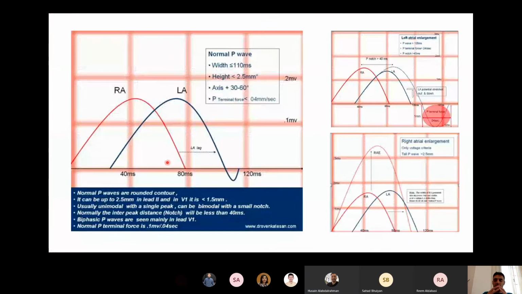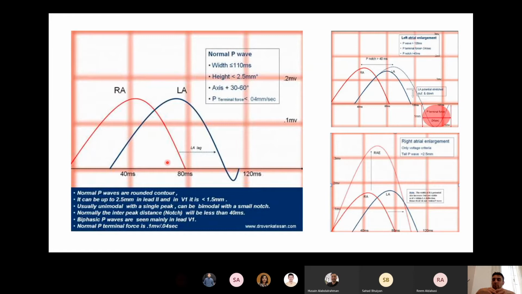Like we said, atrial activation starts from the right side, from the sinus node. So the initial portion of the P wave is due to right-sided atrial activation. Then you get left-sided atrial activation, and the P wave is a combination of both.